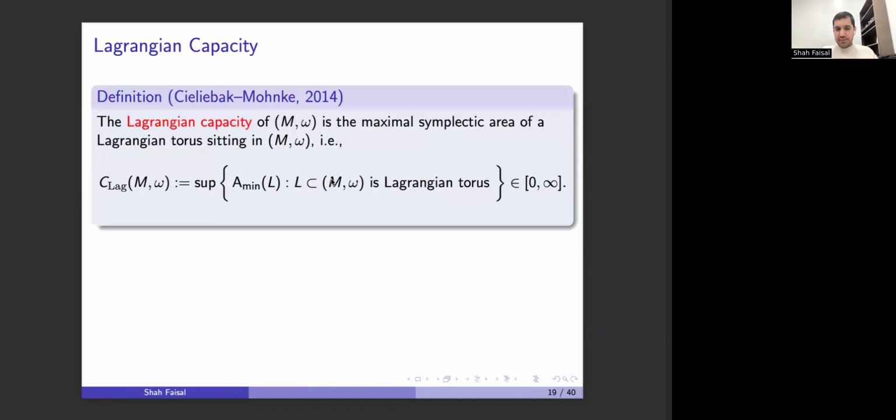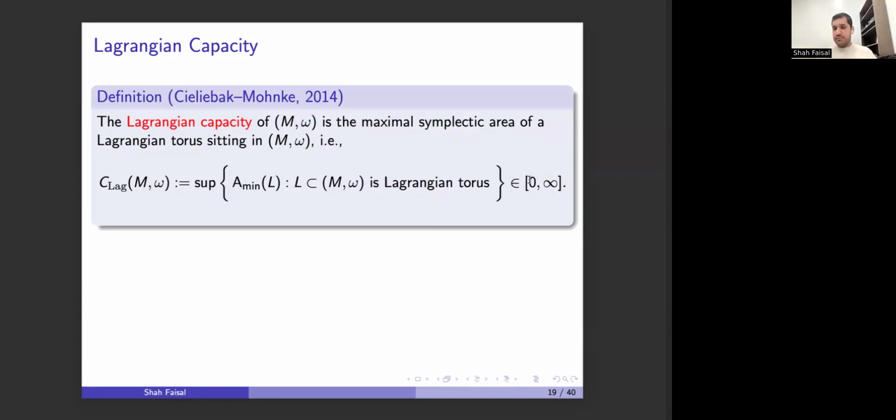The Lagrangian capacity is basically the maximal symplectic area of a torus sitting in M. So you take a Lagrangian torus, take the symplectic area, and then take the supremum over Lagrangian tori, and this is some number. This is a capacity.